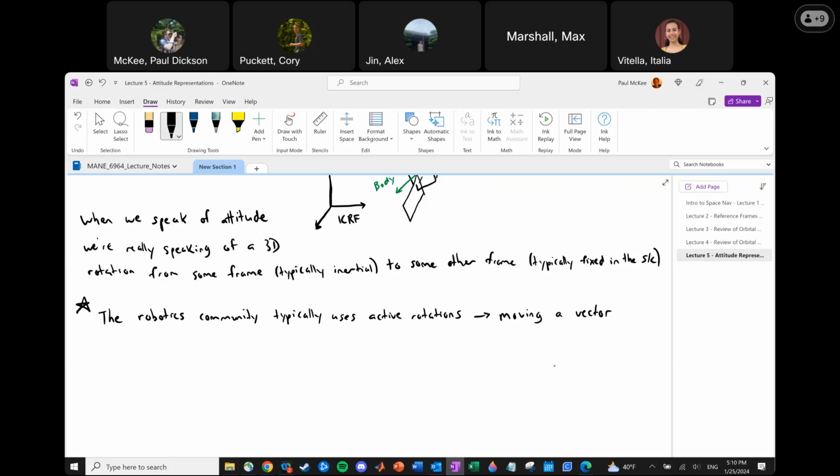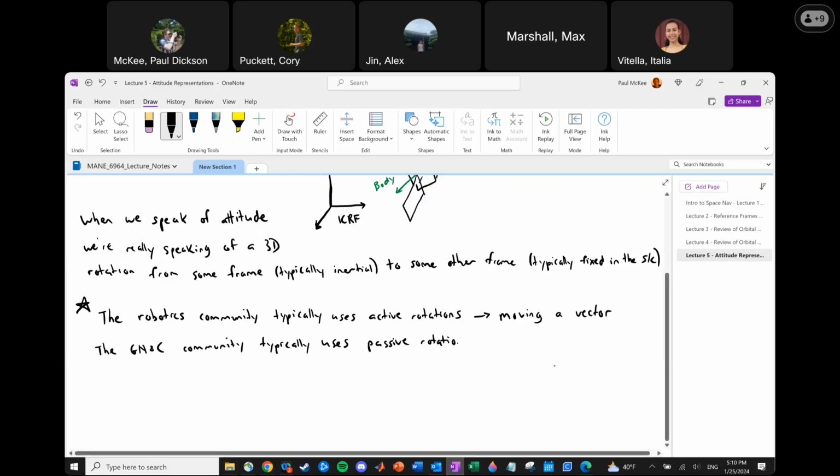The navigation community, or we're just going to say the GNC community, typically uses passive rotations. And so the difference is what we're really doing is moving the frame.